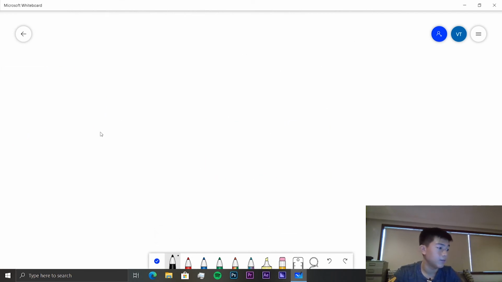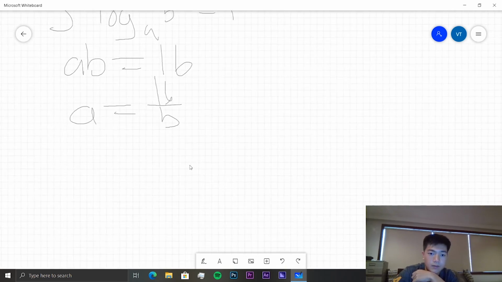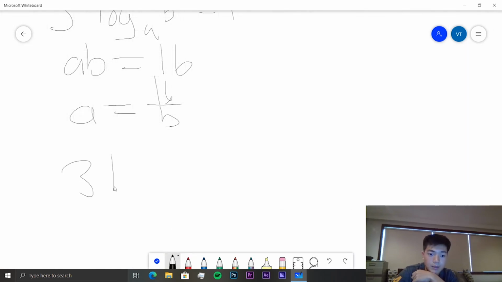Solve these simultaneous equations. 3 log_a b is equal to 1 and a times b is equal to 16. Well, we can simply substitute a is equal to 16 over b. So 3 times log_(16/b) b is equal to 1.